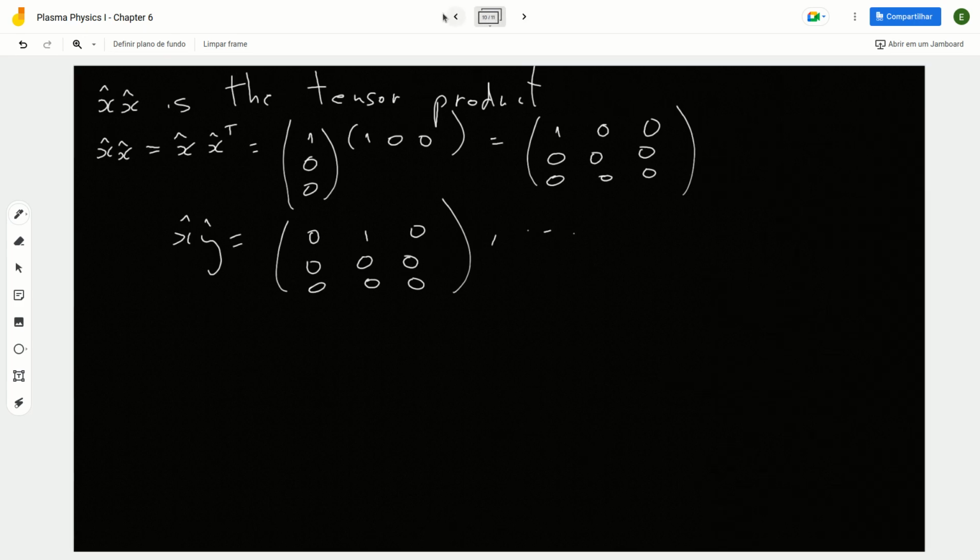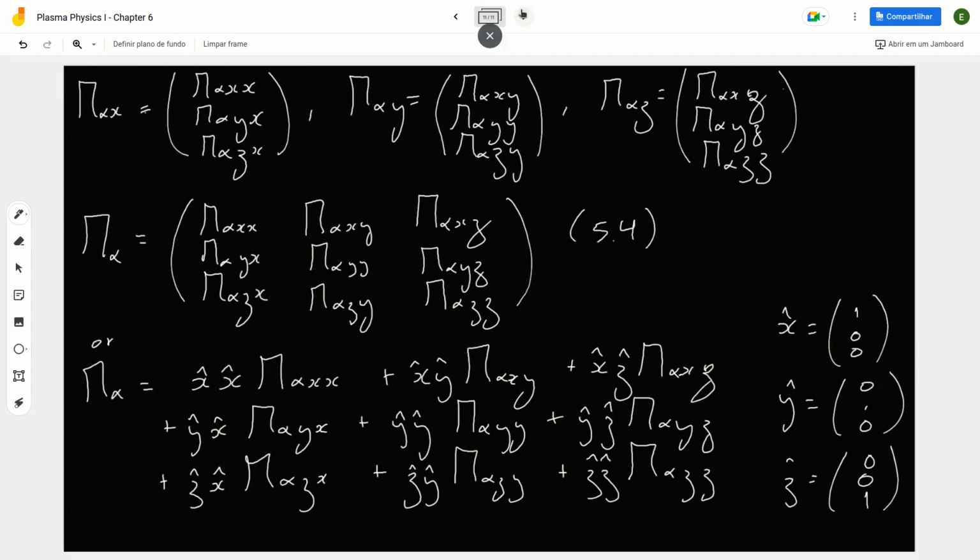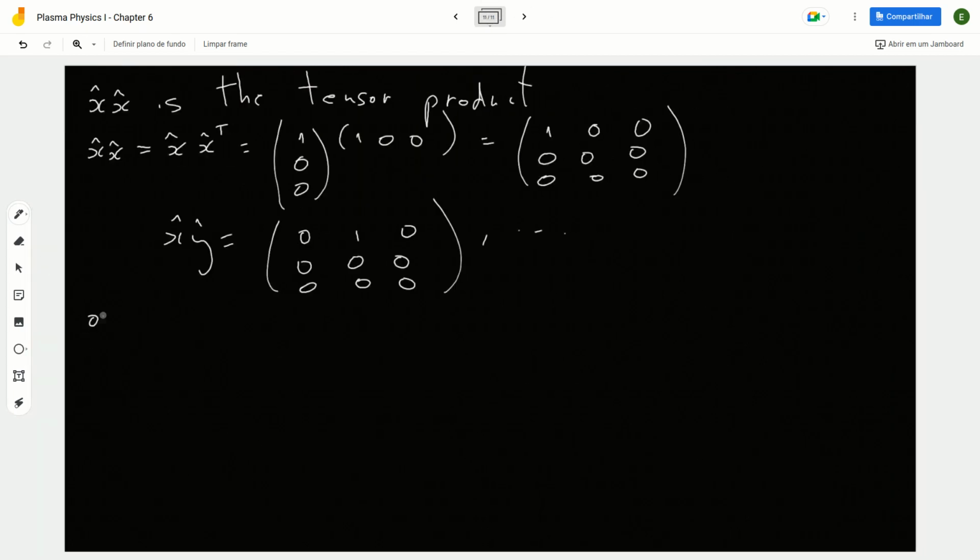Sometimes you may write the same thing like this. Gamma alpha will be this tensor here, composed of these three vectors, times this, oh boy, I'll write it all again.